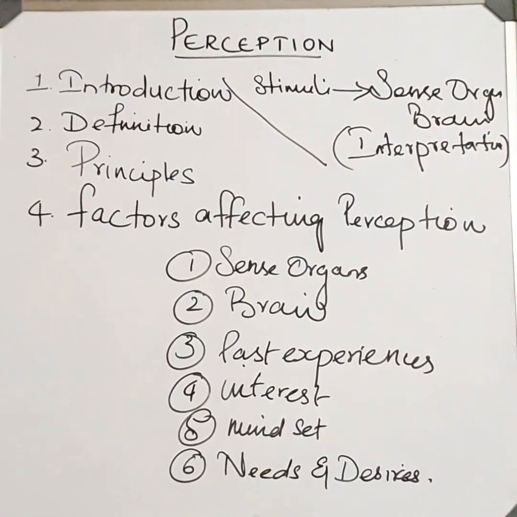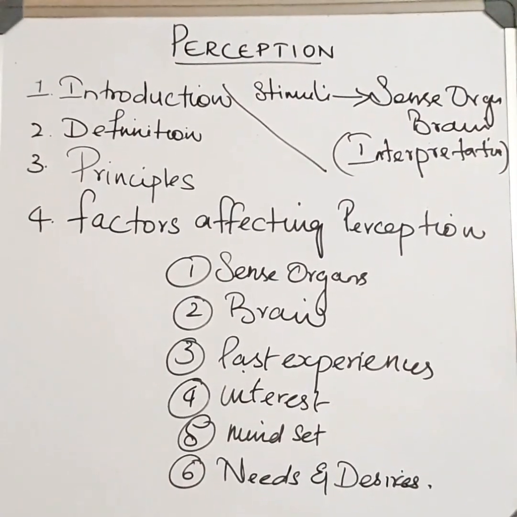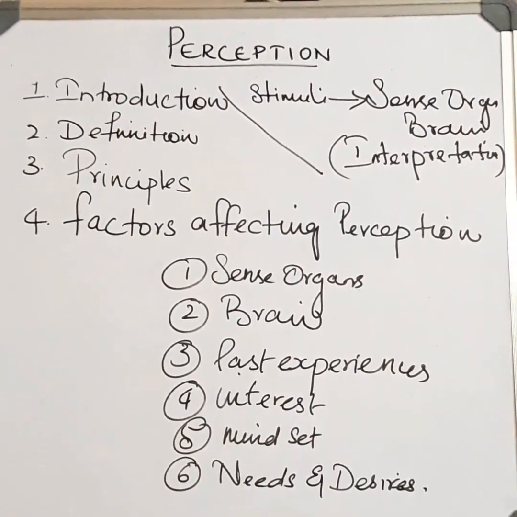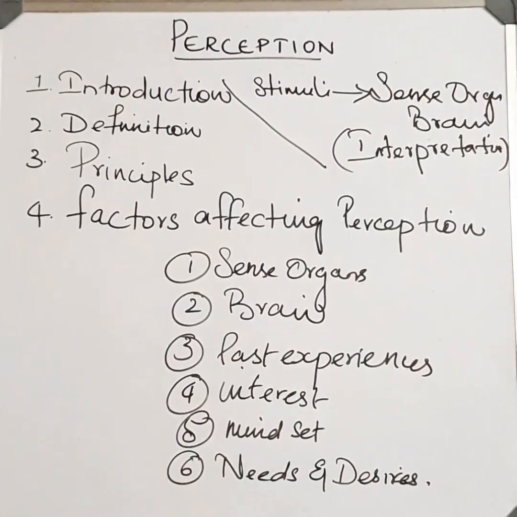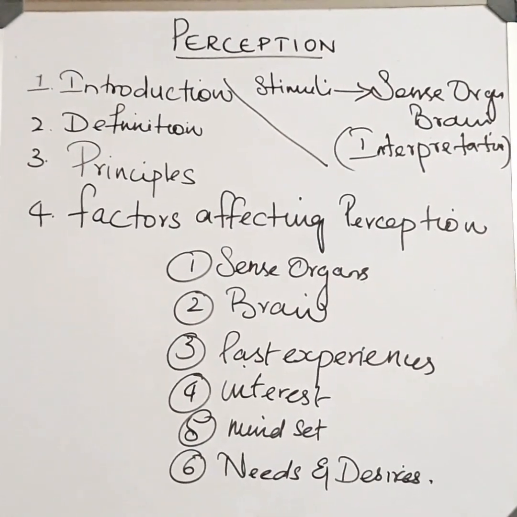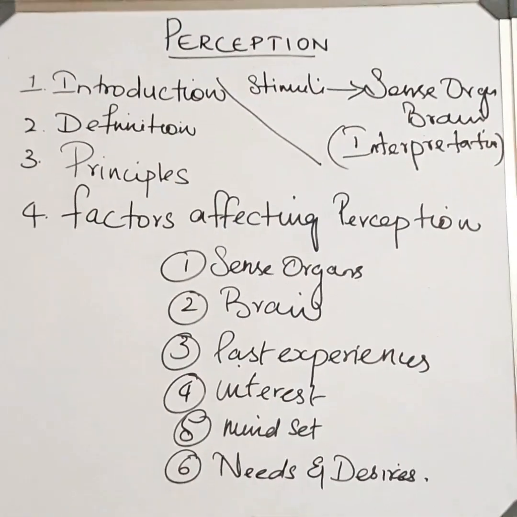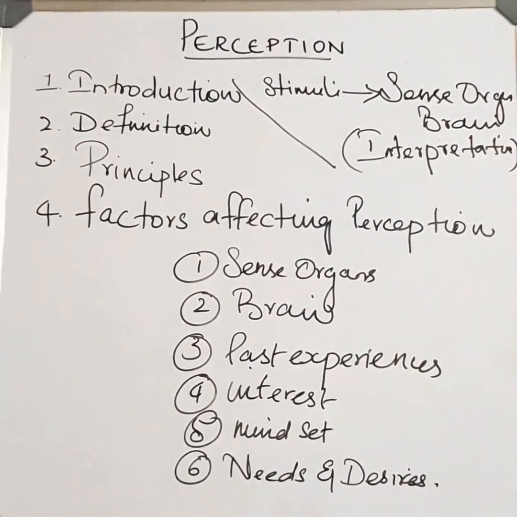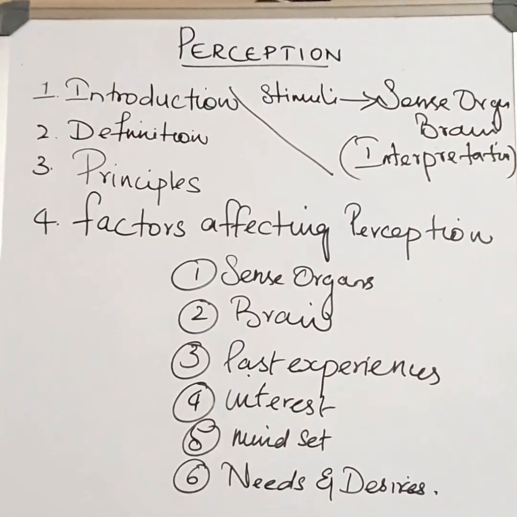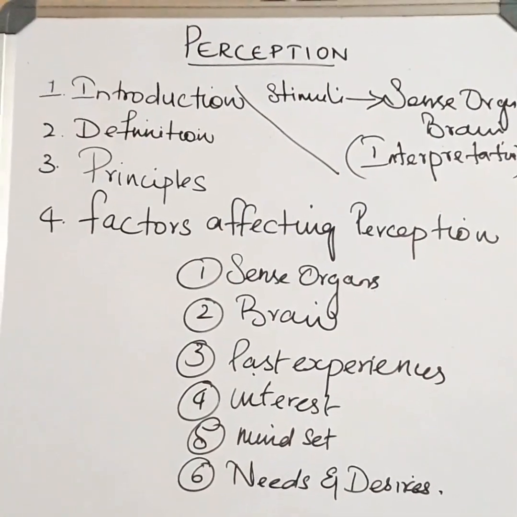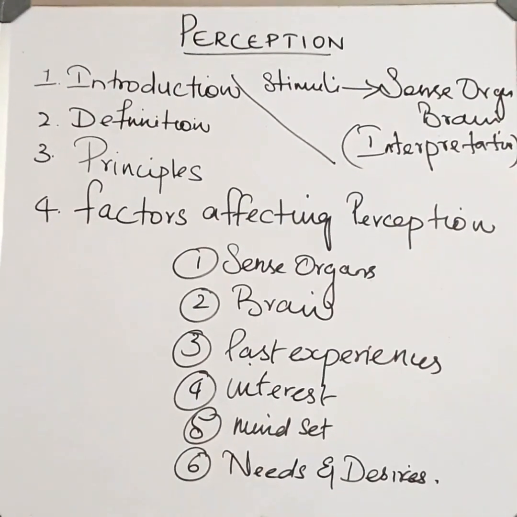Next one is images of the past experiences. Sometimes the experiments have shown that whenever we come in contact with the new stimuli, we are inclined to interpret them in terms of our experiences with similar stimuli in the past.